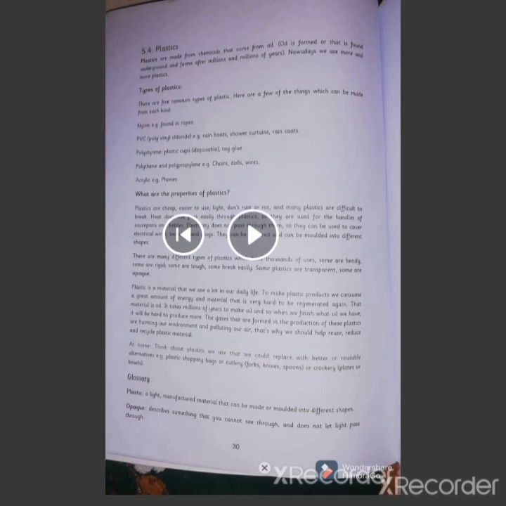And sometimes we use it in containers, like we keep food in them because they don't get rotten or ruined easily. Other times we can use them because they're easy to use for hot things, like in your saucepan. The handle usually is plastic because it doesn't really let heat through and it doesn't burn you.